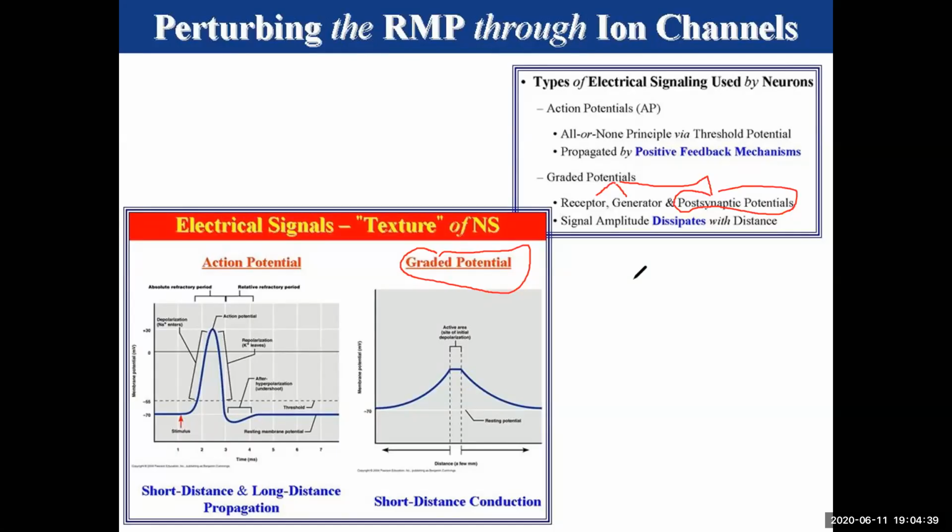So again, graded potential, specific example of electrical signals, and the graded potential is further subdivided into three subtypes: the receptor potential, the generator potential, and the postsynaptic potentials. Graded potentials are used for short distance communication.